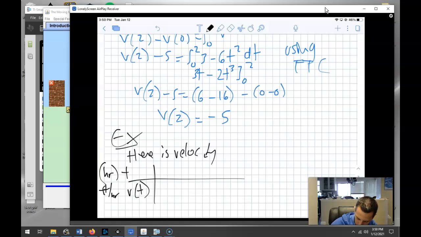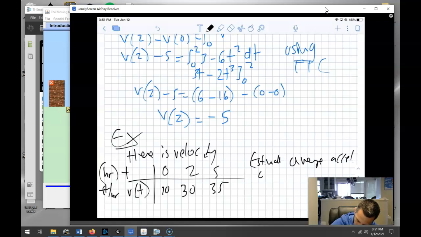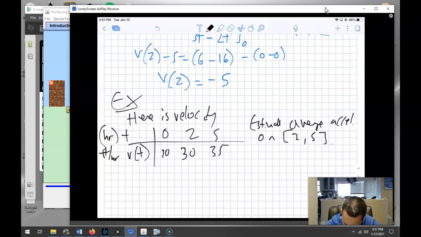And the t goes 0 to 5, and the velocity goes 20, then 30, and then 35. And I'm going to ask you to estimate the average acceleration on the interval from 2 to 5.